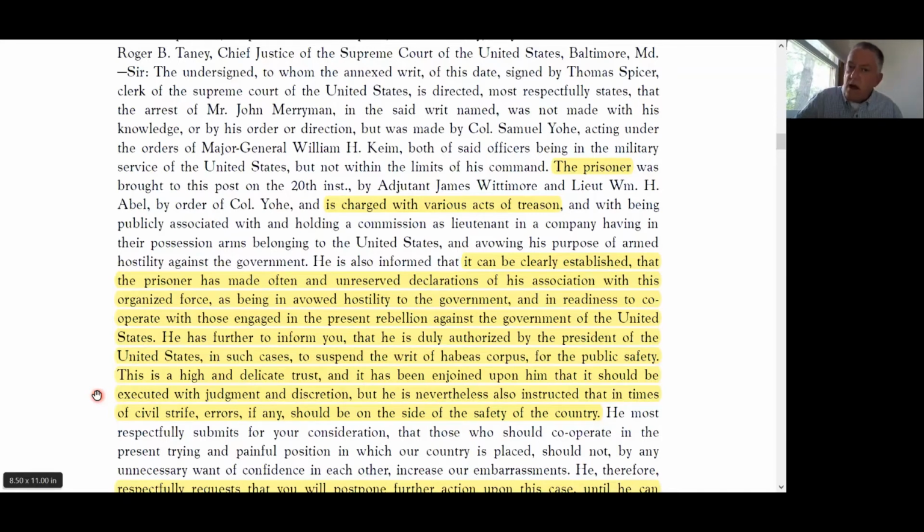So Cadwalader not only refuses to bring Merryman into Taney's courtroom, Cadwalader says, well, it can be established that Merryman is part of the rebellion and he's seditious. And I have also been authorized by President Lincoln to suspend the writ of habeas corpus for the public safety. And I should err on the side of safety if any questions arise.